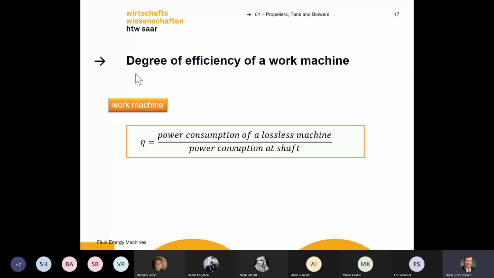The definition of the efficiency is, of course, really important for the exam. There will always be questions about efficiency if we do exercises. So the efficiency, we use the symbol eta. It's a Greek symbol. It's not an N, it's an eta. And it describes the power of conversion of a lossless machine divided by the power of consumption at the shaft of a work machine.